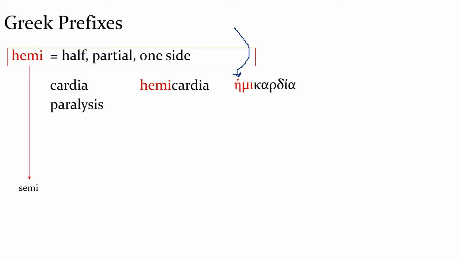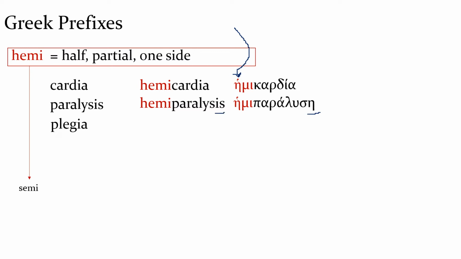We probably all know the word paralysis. We have a word hemiparalysis, and in Greek, imiparalisi. And for those of you who are learning Greek, don't worry too much about this ending here. You might see that there's an ita there, but an SIS in the English, there's a reason for that. We'll talk about it later.